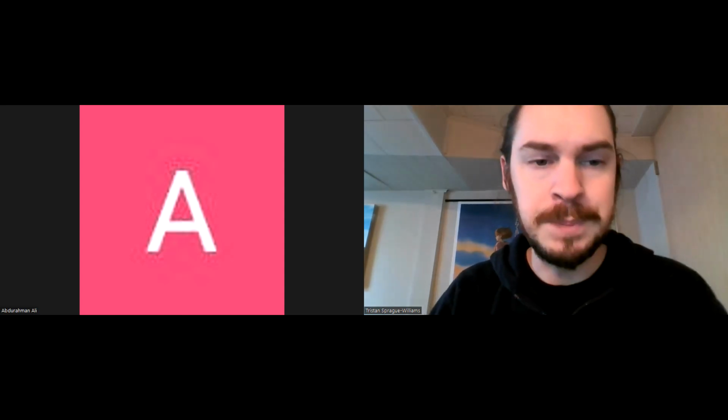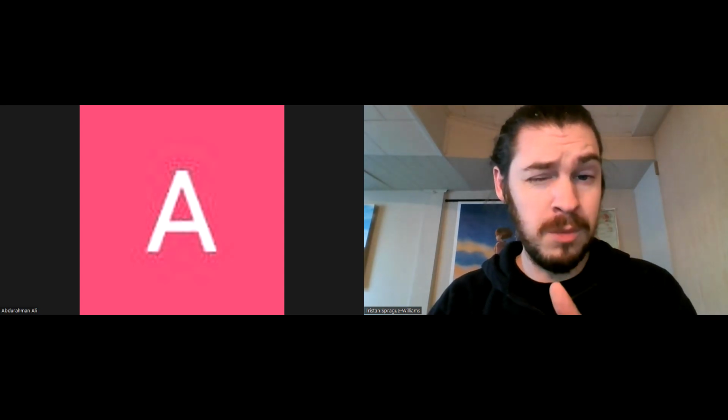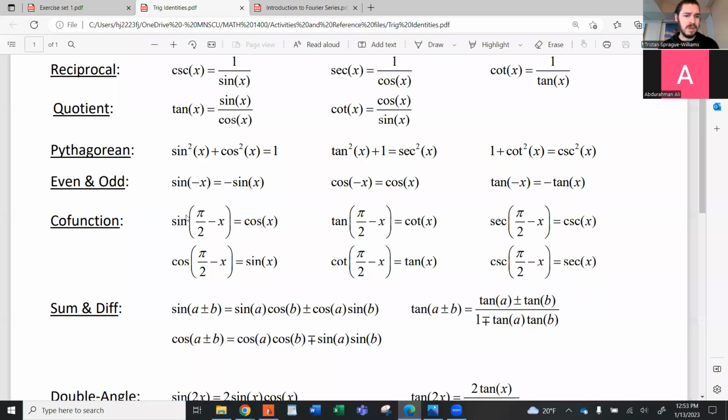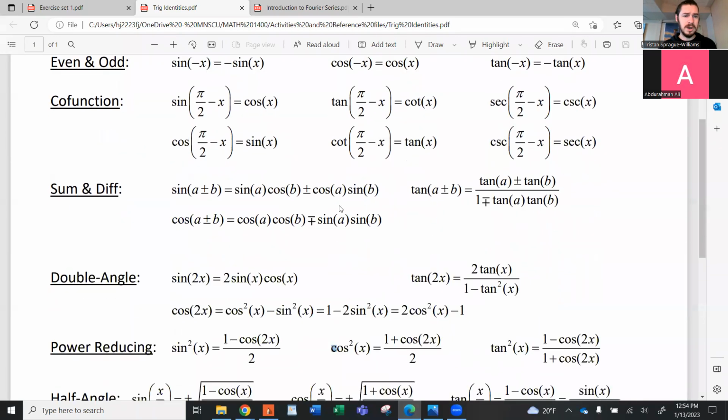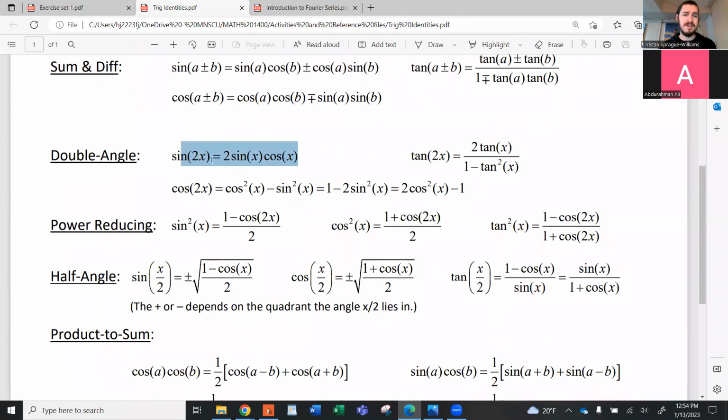The other thing I'll say, which might be helpful to you, because I think you might be working on one of the ones on the exercise set: there are these other trigonometric identities, some of which are useful. In particular, if you have 2x inside something, you have these double angle identities, which can potentially help you out.